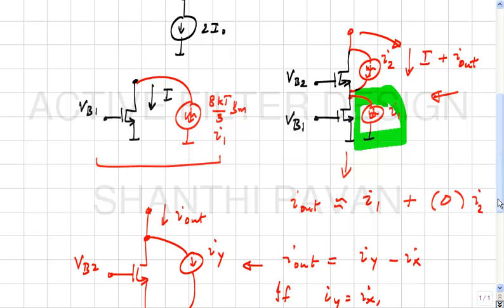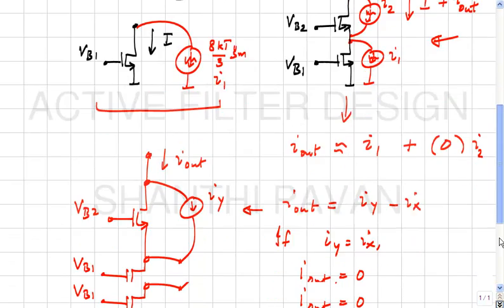So the bottom line is, what is the conclusion we draw from this study? What is the noise spectral density of I out in the cascoded case? It is the same as the spectral density of I1, which is 8kT by 3gm. Is this clear?